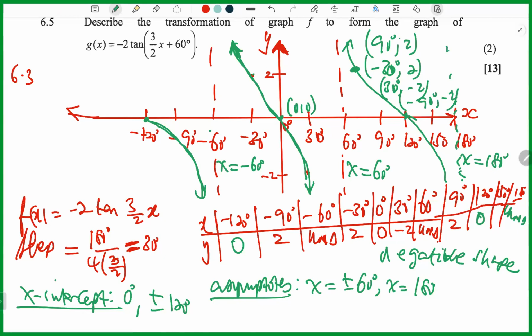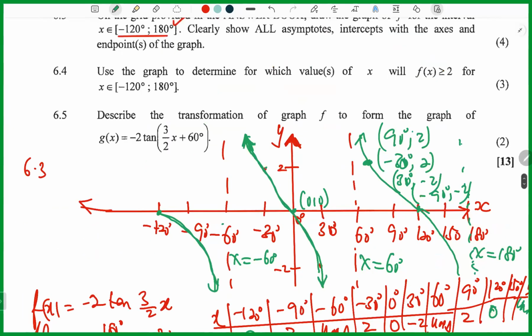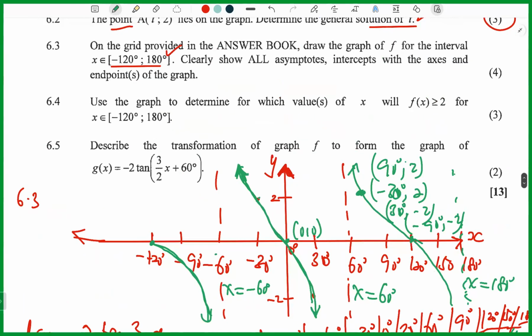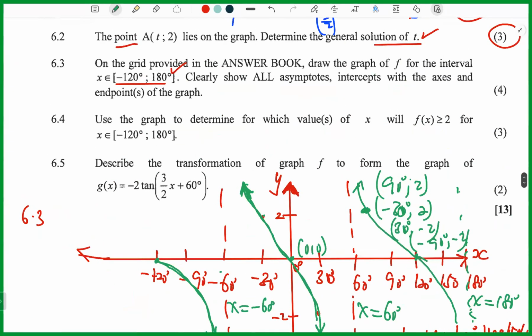Okay, right. I want us to look at another question. For example, we had to show all the asymptotes, the intercepts, the axis, and endpoints of the graph. What are the endpoints of the graph?